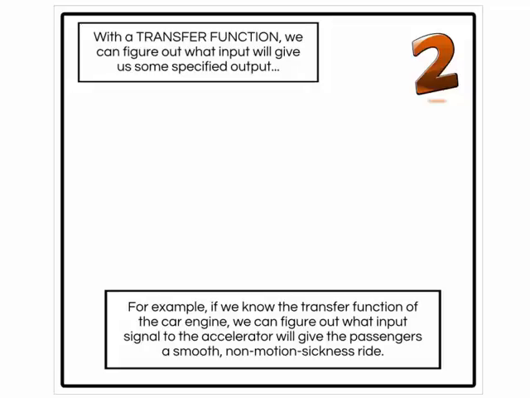For example, let's suppose that we know the transfer function of the car engine, and that we found this transfer function for the input of the amount that the accelerator pedal is pressed, and the output is the forces experienced by the passengers, or let's say the acceleration of the car. In this case, we could calculate what signal through the accelerator would give the passengers a smooth, non-motion sickness ride.